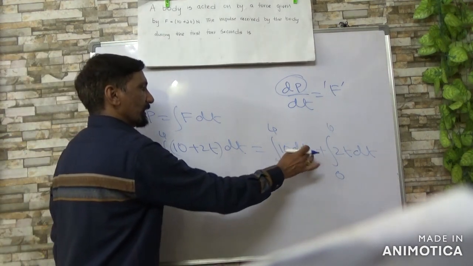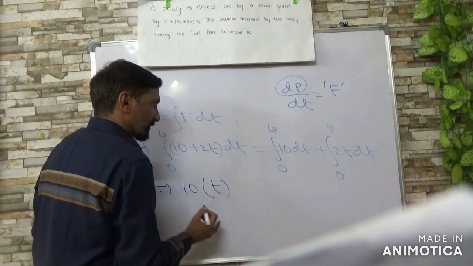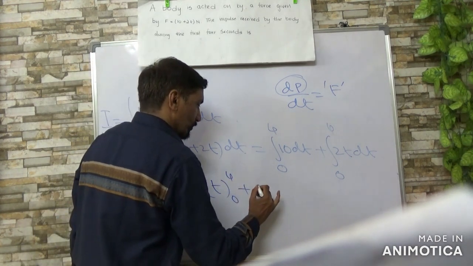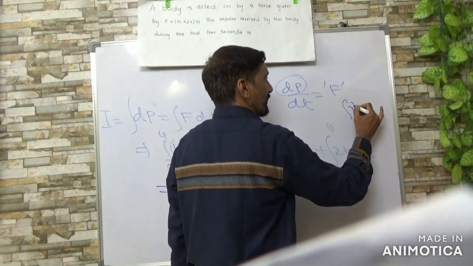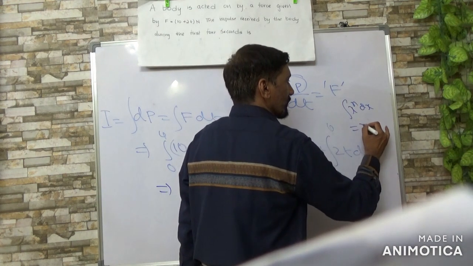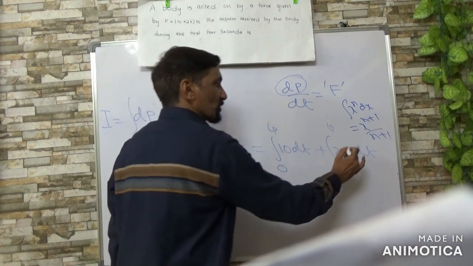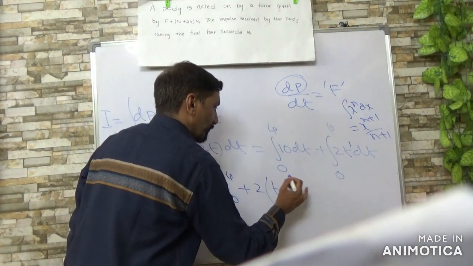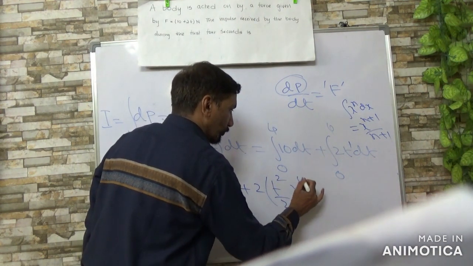So 10 integral dt, that is t, between the limits 0 to 4, plus 2 times the integral of t. Whenever you integrate x to the power n dx, the integral value is x to the power of n plus 1 by n plus 1. Here the power is 1, so you get 1 plus 1, that is 2, by 2, between the limits 0 to 4.